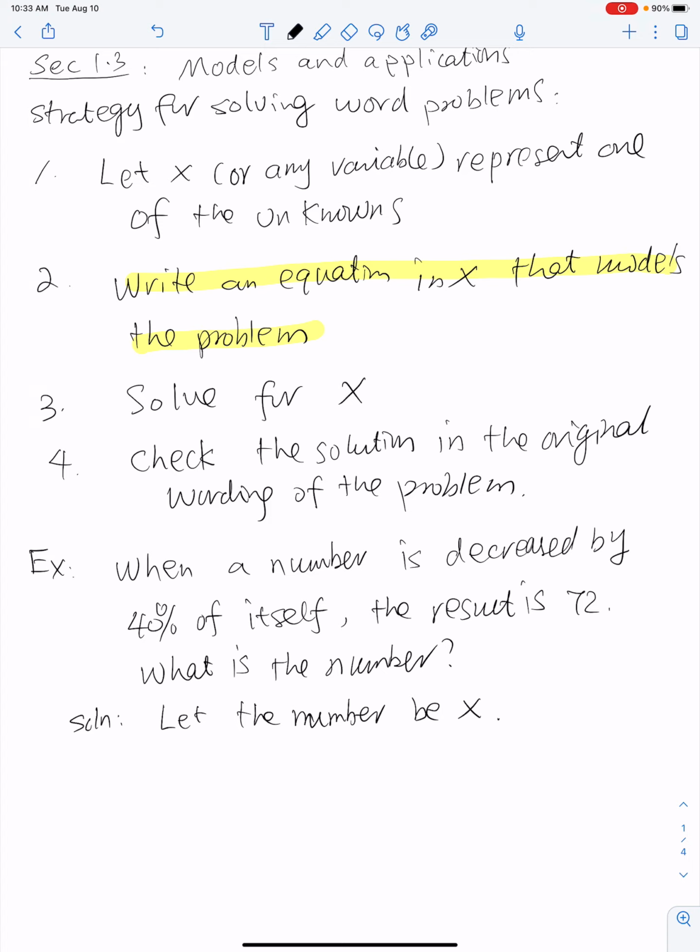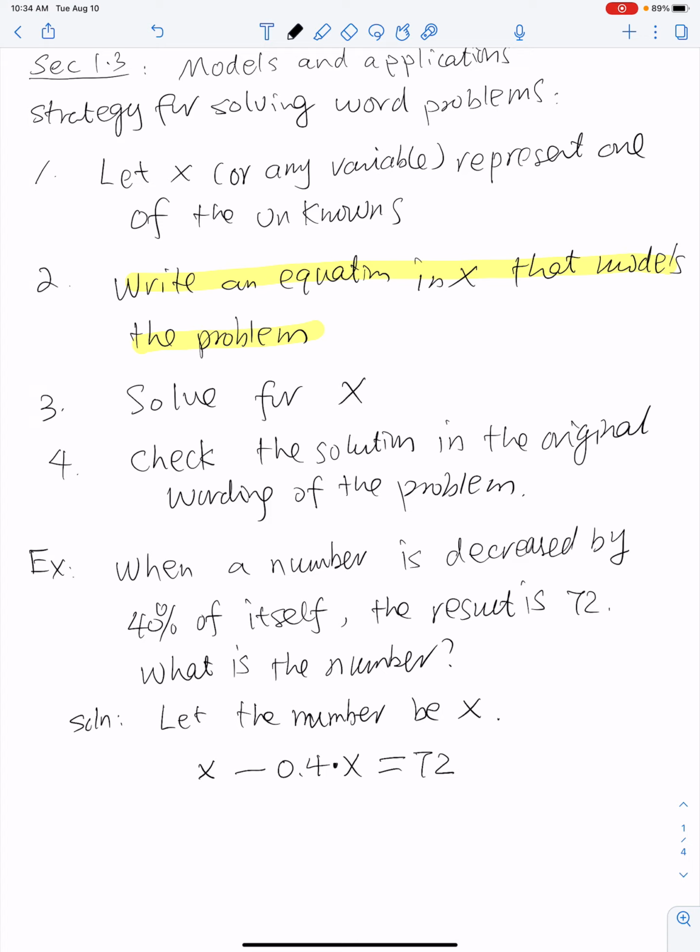When a number, meaning x, is decreased, what does decrease mean? Minus. 40% is 0.4. Of means multiplication. Itself means x. The result is, what does is mean? Equals 72. So this is the equation.